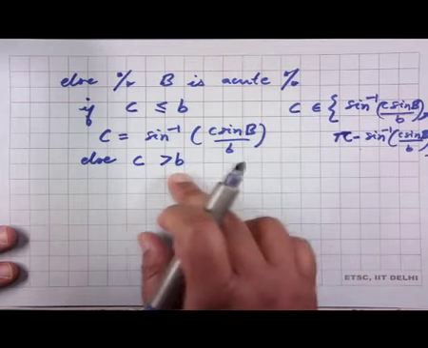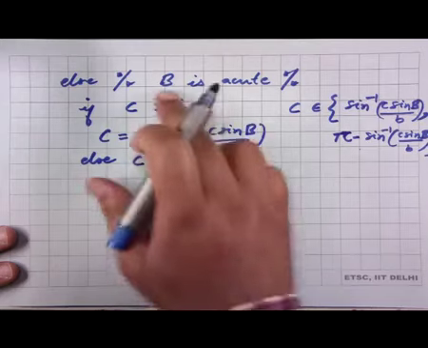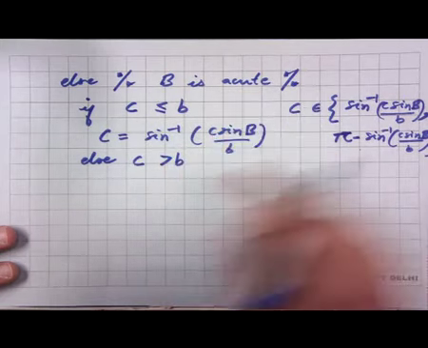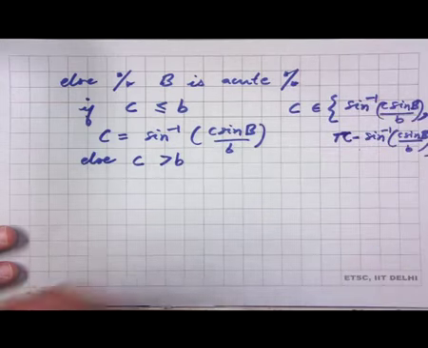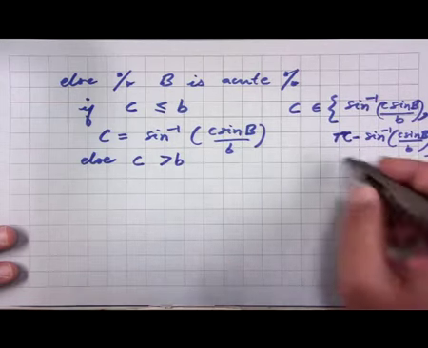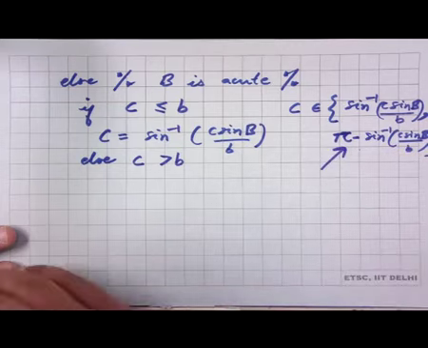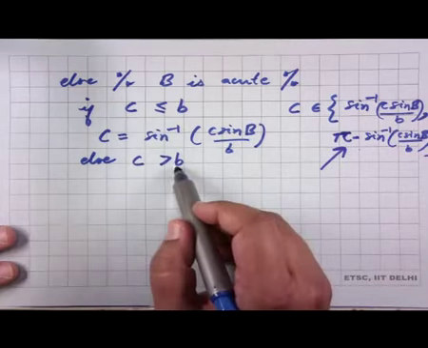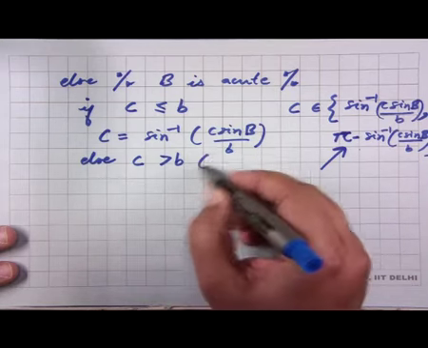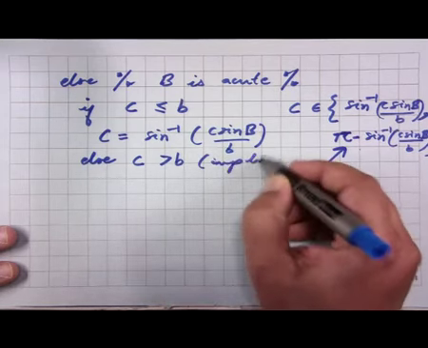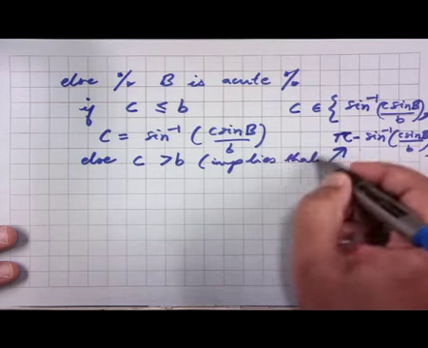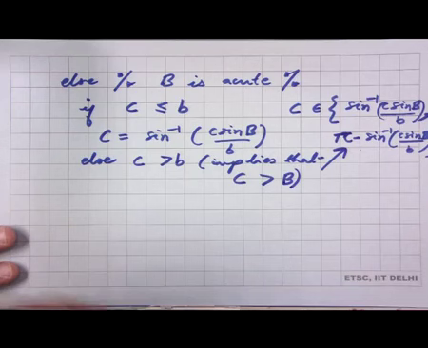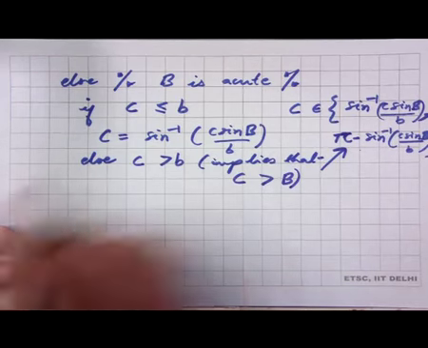Now, since B is acute, both these values are possible. Definitely this value is possible, because this implies that C has to be greater than angle B, and B is acute.